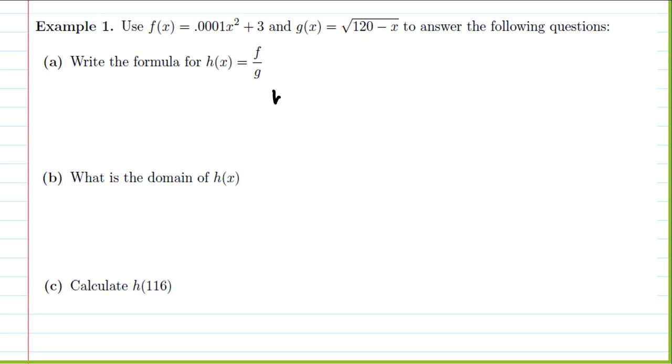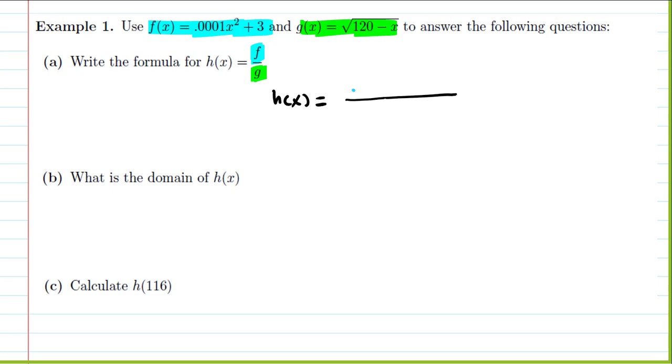So this tells us that what we really want to do is just divide f by g. Well, we know what f is, and we know what g is. So we are going to just evaluate our formula at those values.